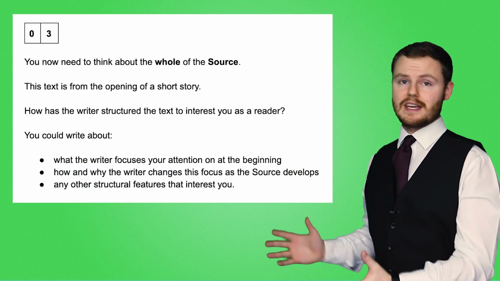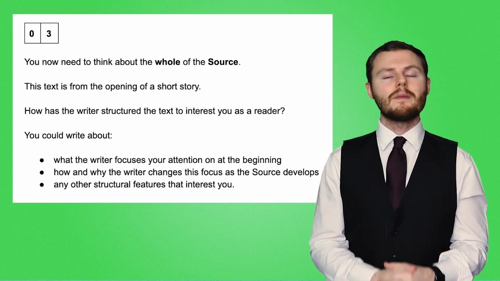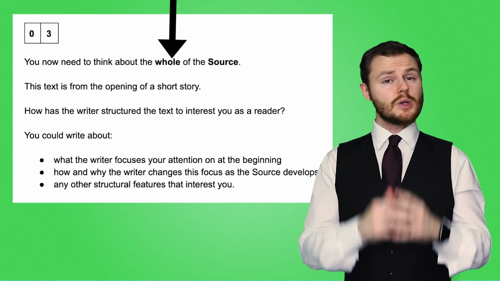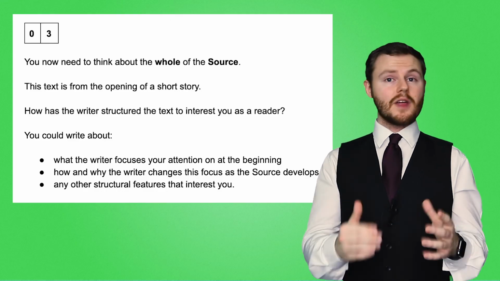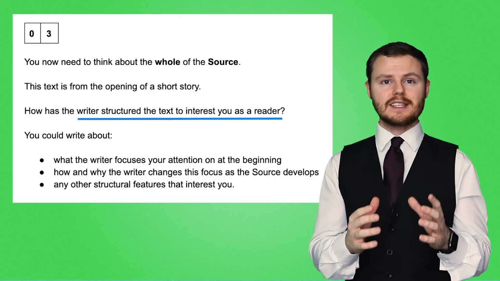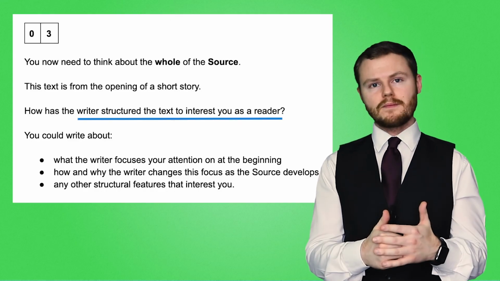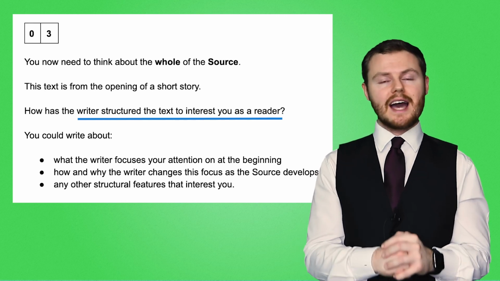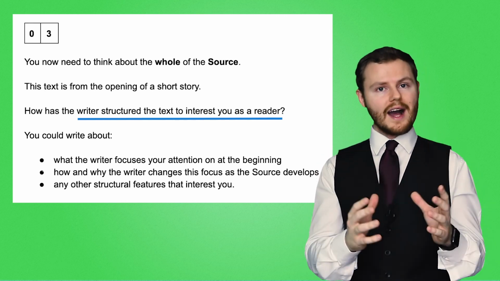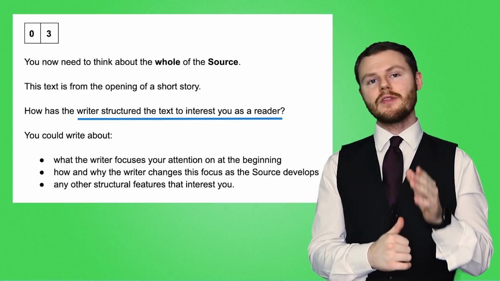So, question 3 is from the reading section of the paper, and it will look something like this. The question will tell you to think about the whole of the extract, so you can talk about any part of it. You'll then be asked how the writer has structured the text to interest you as a reader. Basically, this means you need to consider how the text is organized and why the writer has organized it in that way.